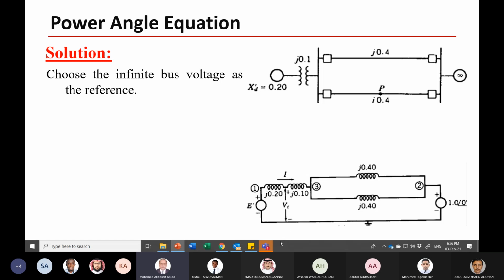The terminal voltage here is given as 1 per unit in magnitude. How much the angle is, we don't know. We assume this as our reference, but this magnitude is equal to 1, but the angle is not known. So how do you think we can get the angle here?